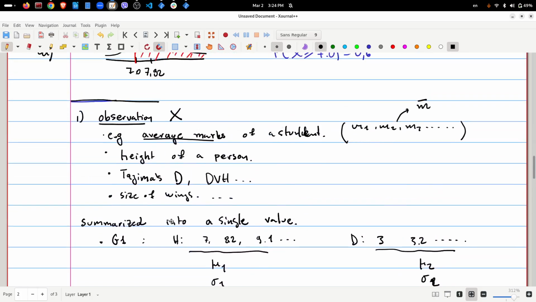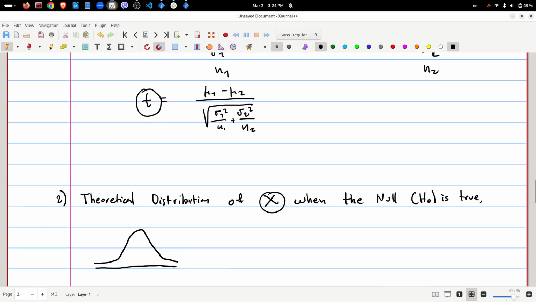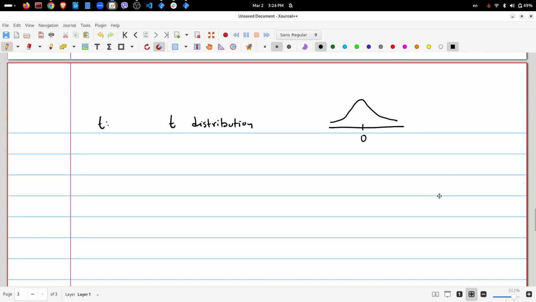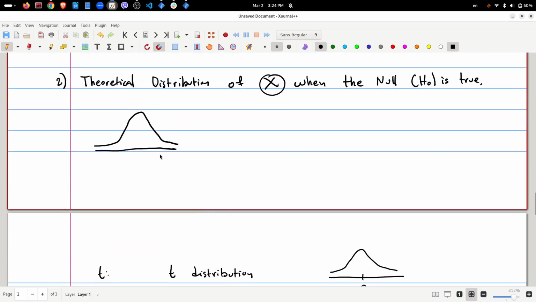So again, to wrap up, I need an observation. I need a theoretical distribution of this observation when the null is true. The third thing is that I need the alternative hypothesis, H1. An example here is that the student claims that he's an excellent student, which means that from this theoretical distribution, I want to find values that are higher or equal to my observation.